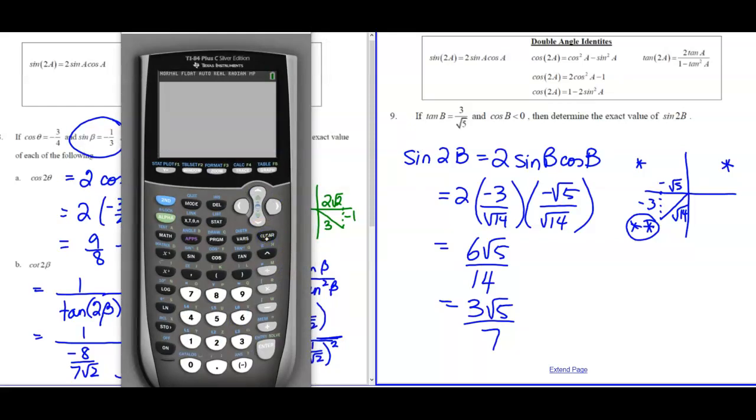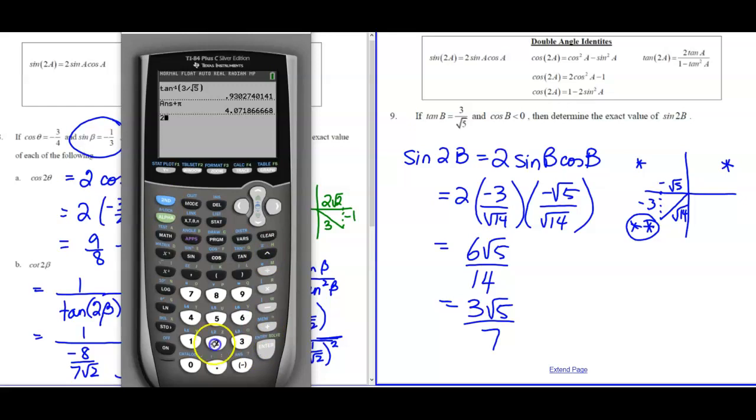Okay, and again, to check, you can go second tan, 3 divided by root 5. Okay, that's the reference angle. This is in the third quadrant, so add pi to that. So that's your beta.